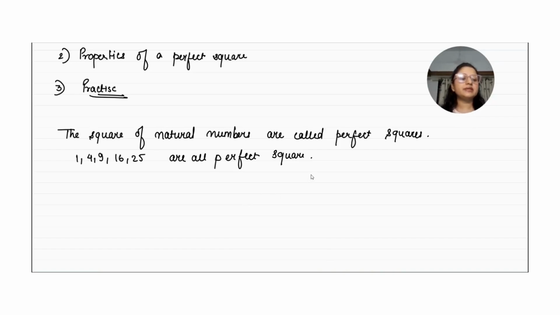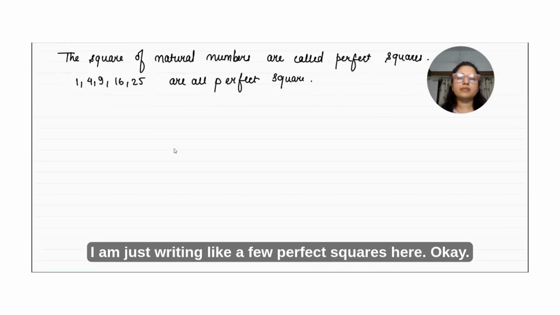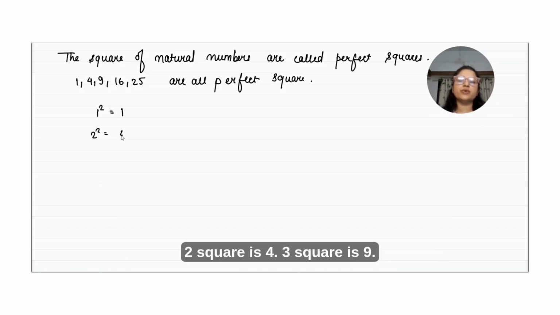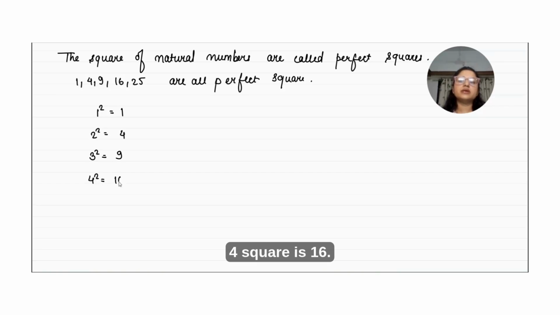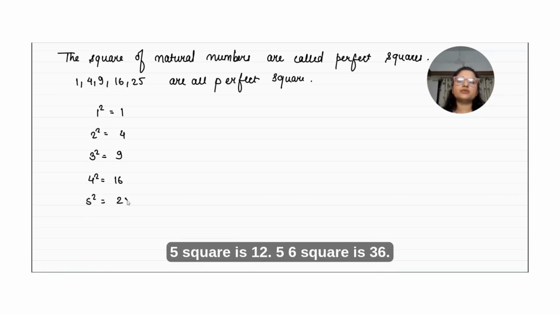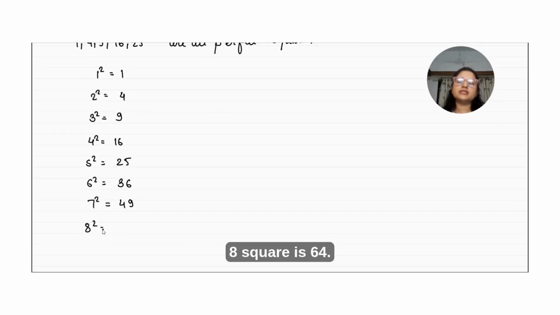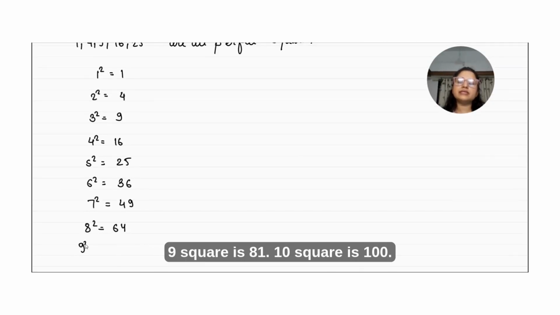I'm just writing a few perfect squares here. 1 square is 1, you already know this. 2 square is 4. 3 square is 9. 4 square is 16. 5 square is 25. 6 square is 36. 7 square is 49. 8 square is 64. 9 square is 81. 10 square is 100.